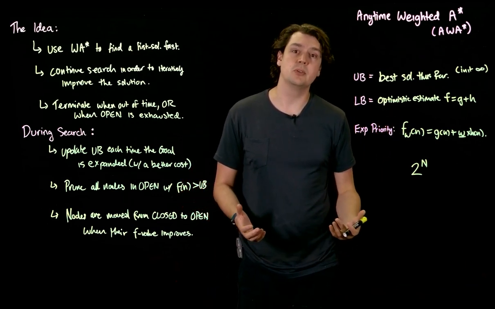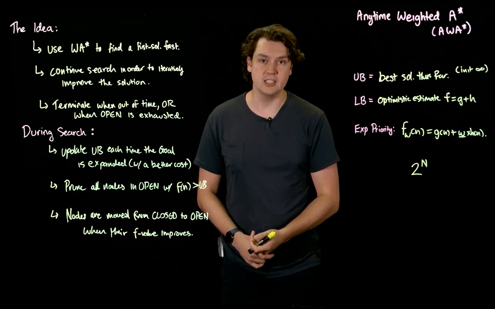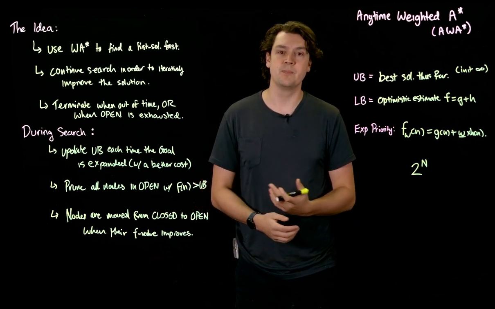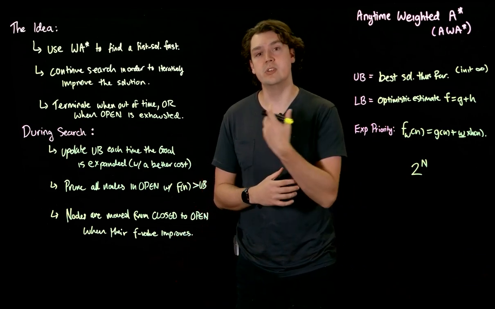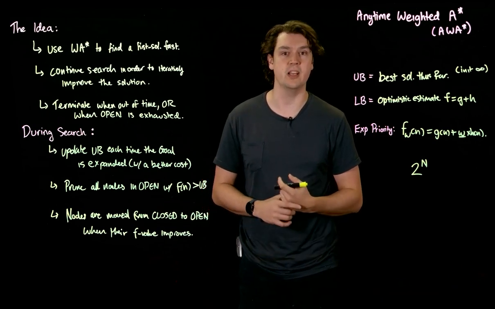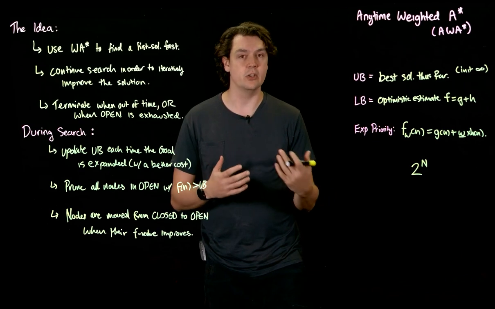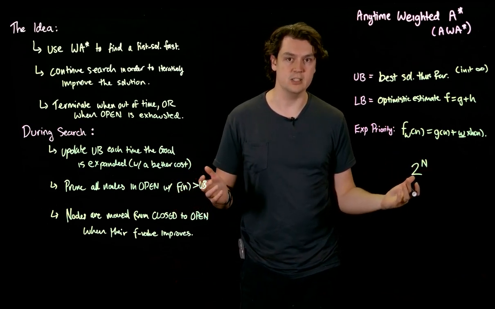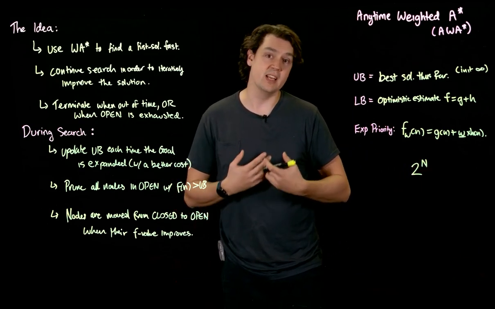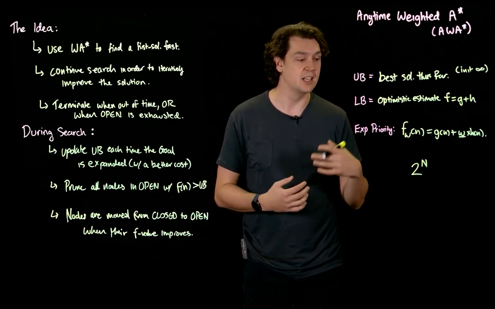Oftentimes, time is important, or having these failure cases for your agents, right? That's a critical failure. You need to return a path to the player when they asked for one. You never want your NPCs, your players, your agents, your robots to stand still, right? That breaks immersion. It is a strong failure case.